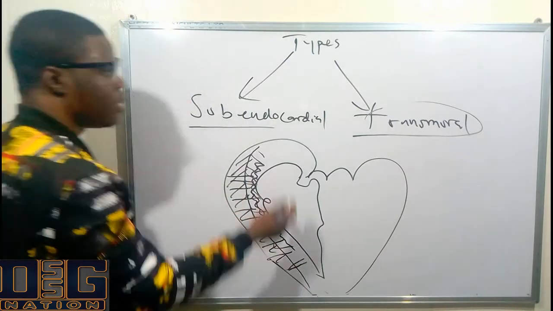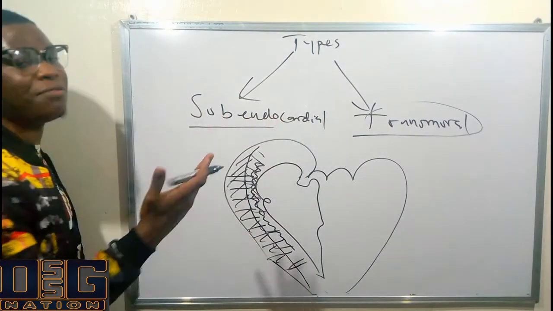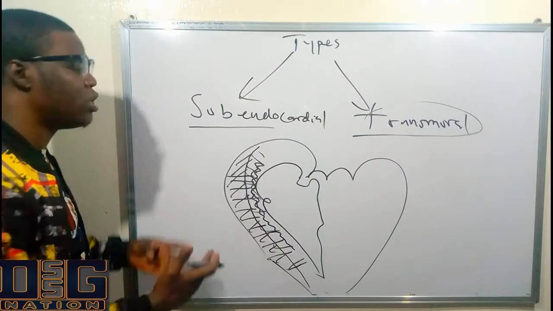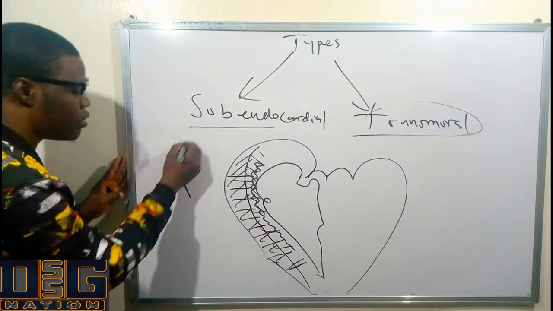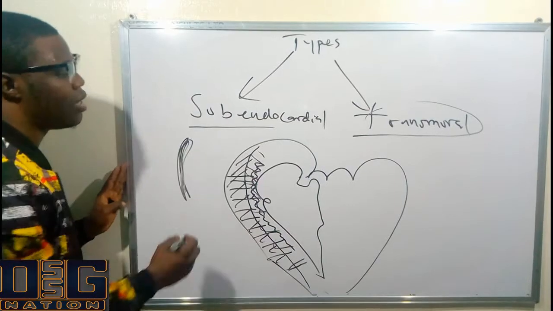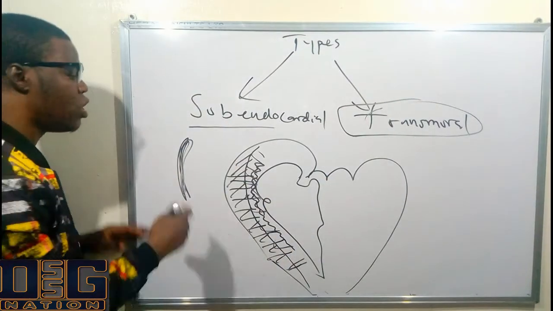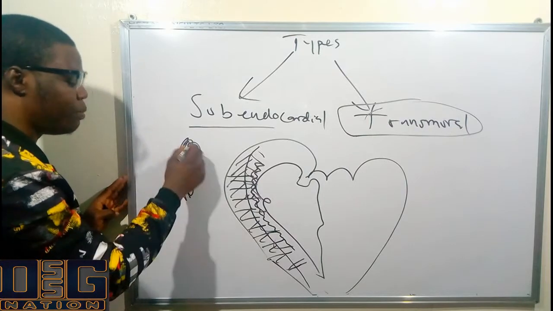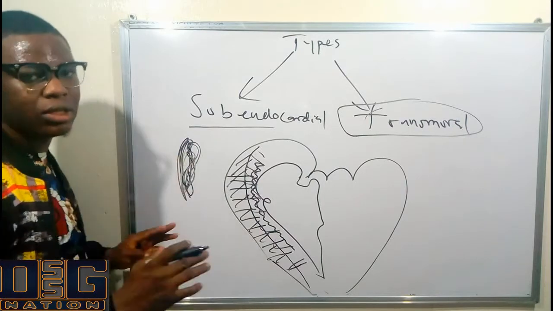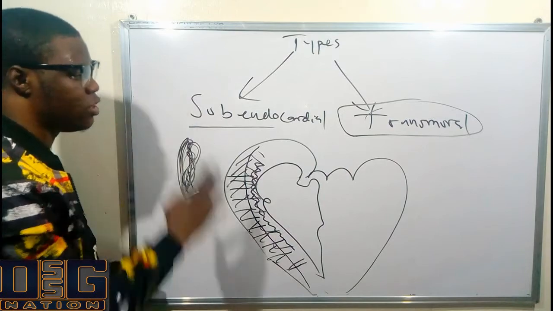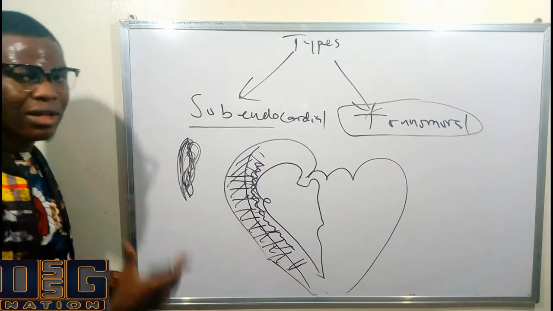So in short, subendocardial myocardial infarction is that kind of infarction where just the innermost muscle layer is affected. But transmural myocardial infarction is that infarction where all the muscle layers of the heart are infarcted. And that is just about the two types of myocardial infarction.